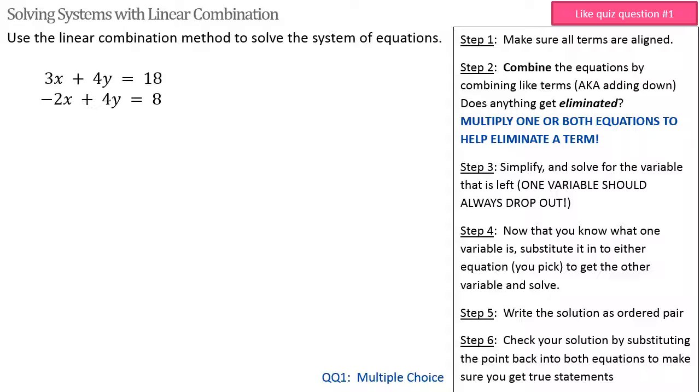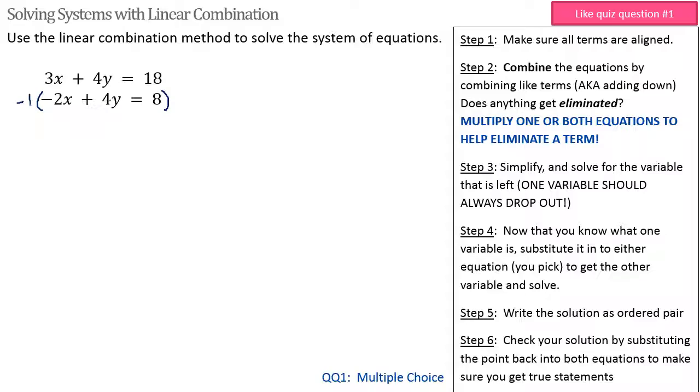When I look at the y's, notice we have positive 4y here. If one of those was negative, then we would eliminate one of the variables. We would eliminate the y. We can't just make that one negative and not do anything to anything else. But what we can do is multiply the whole equation, and you can either do the top or the bottom.